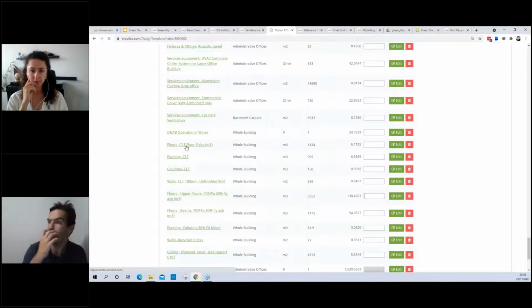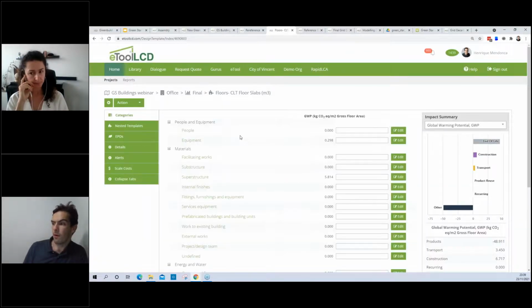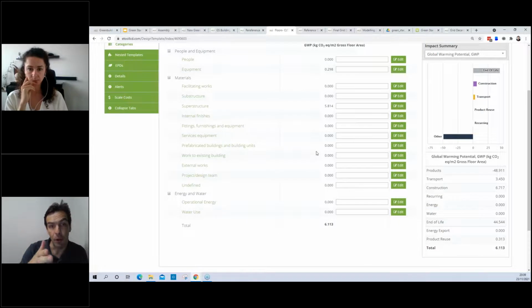So this one, for example, I don't know if you remember, but when I have the upfront carbon only, it will only take into account the benefit of the sequestered carbon. But now with the full life cycle, it also takes into account the end of life impact. So it's the carbon returning to the atmosphere at the end of life, the timber end of life. Because we're now looking at the full scope, you can account for the sequestered carbon.